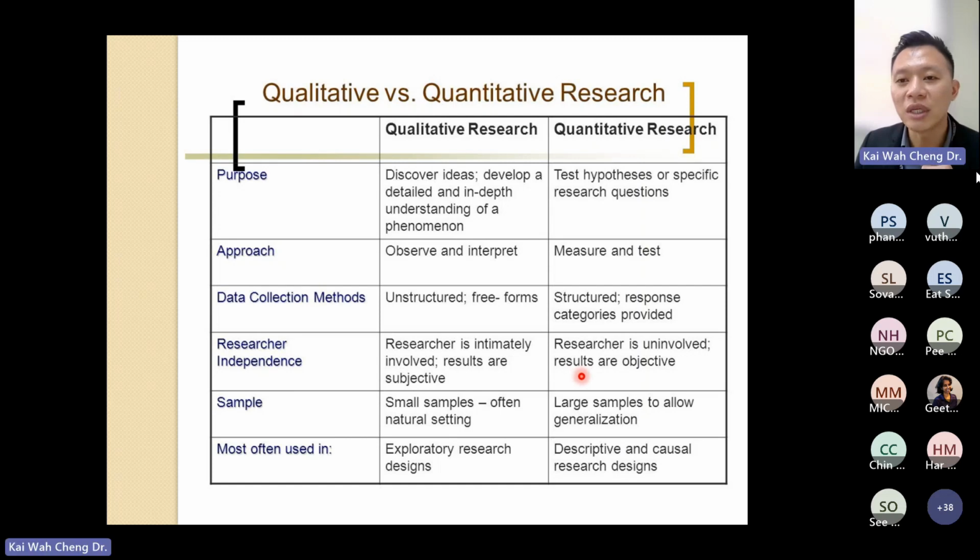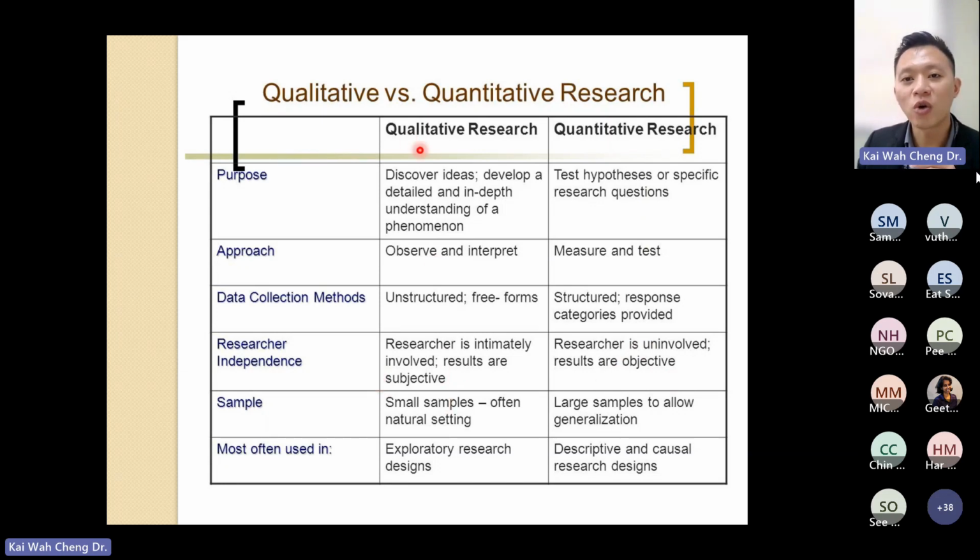The result we derive from quantitative research is more objective, because we already have a fixed measurement scale and fixed questions to reflect every variable in the framework. So quantitative research output is in a more objective form as compared to qualitative research.